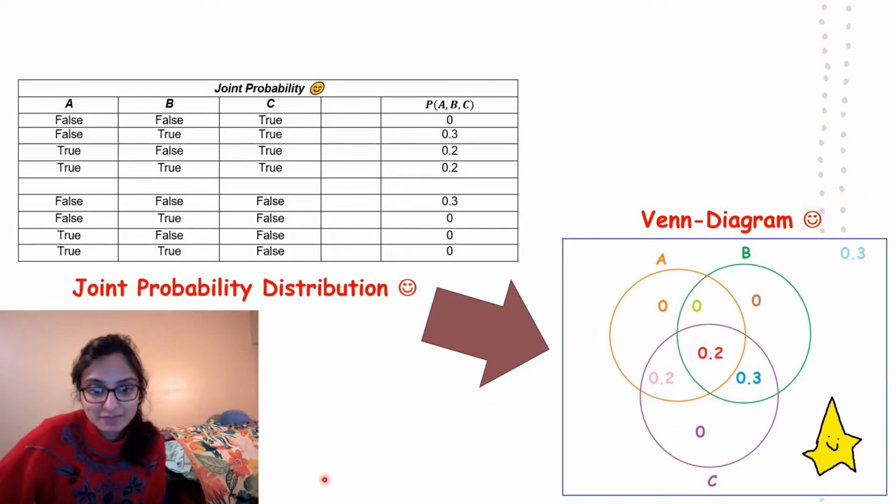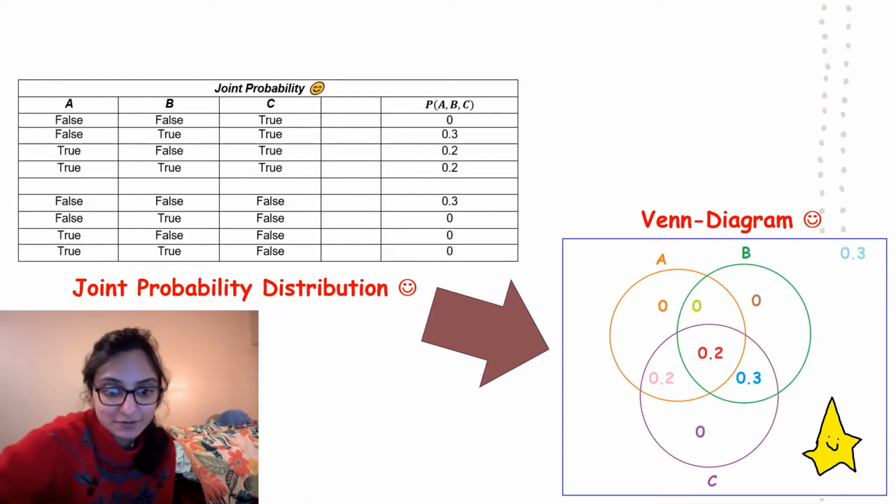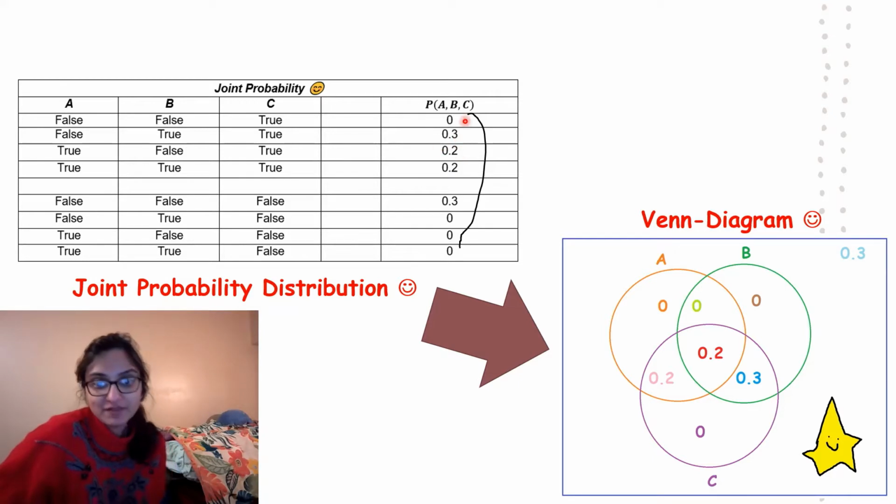These probabilities need to sum up to 1, which they do: 0.3, 0.5, 0.7, 1, 0, 0, 1. So it all adds up to 1, which is great.